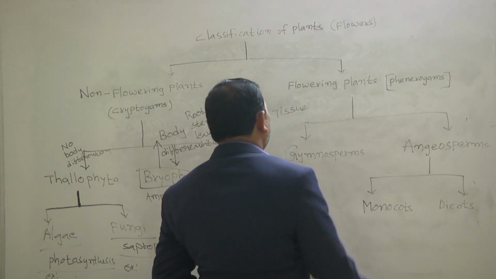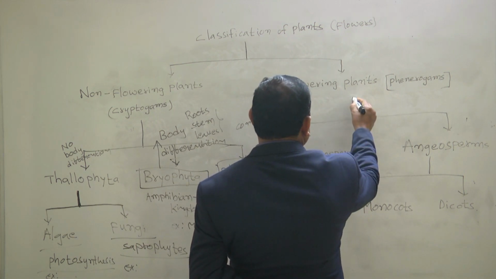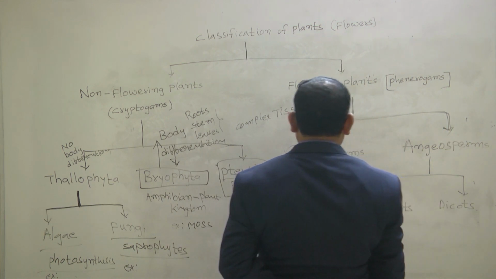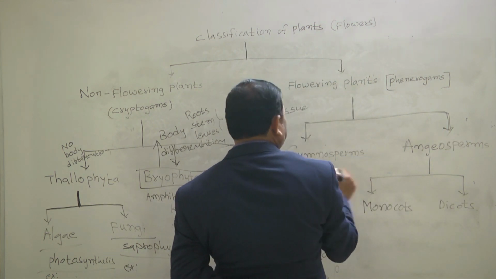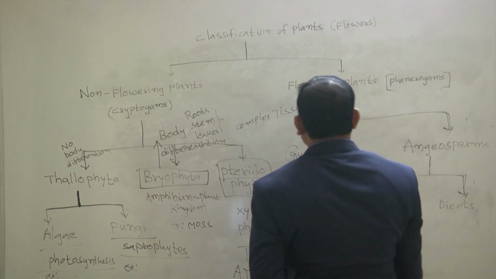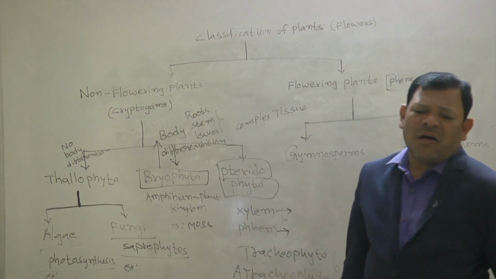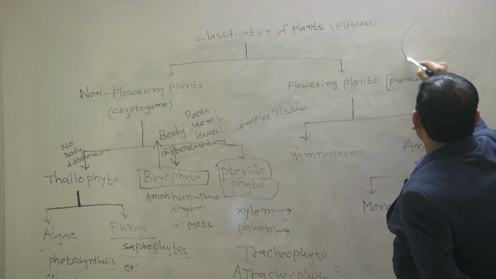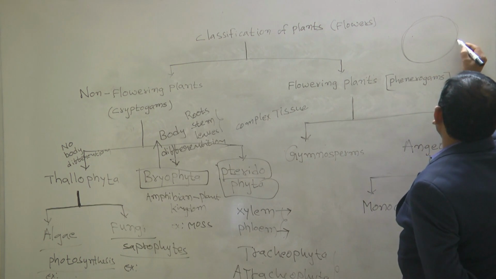So the non-flowering plants are again classified into two types. One is the gymnosperms, the second one is the angiosperms. If you see any fruit, outside there is the fruit wall.